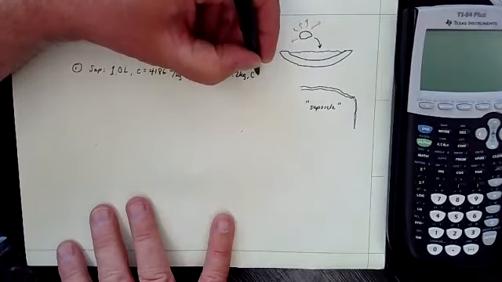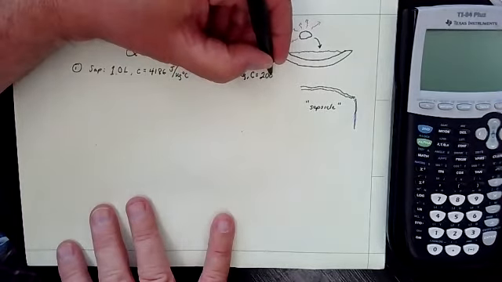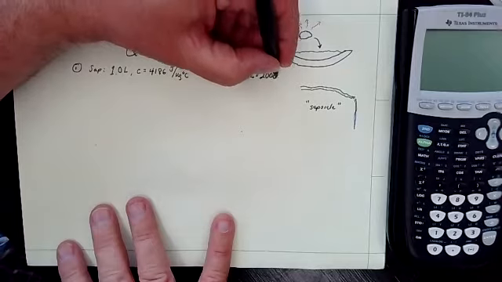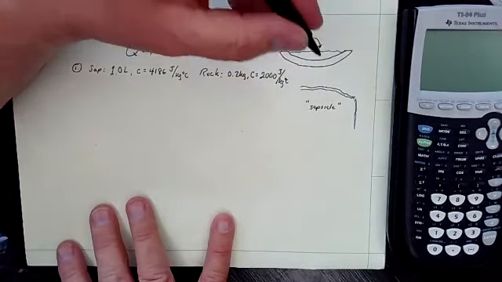And the heat capacity on the average for the Earth as a whole is about 2,000 joules per kilogram degrees C.